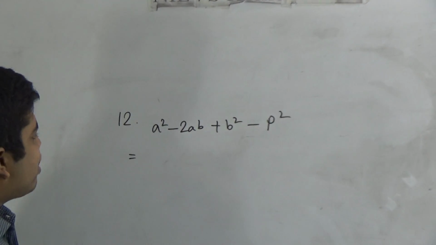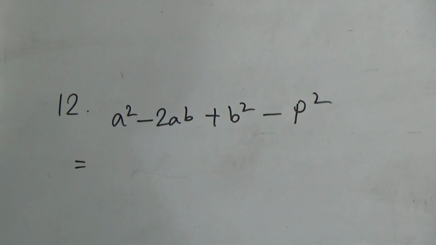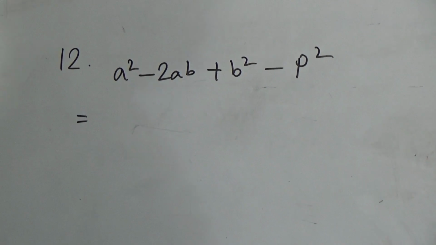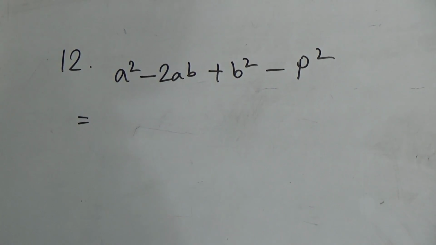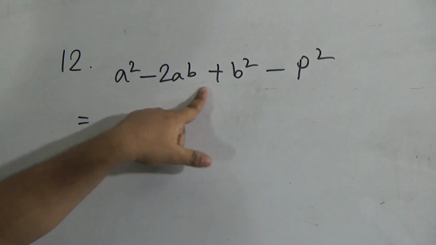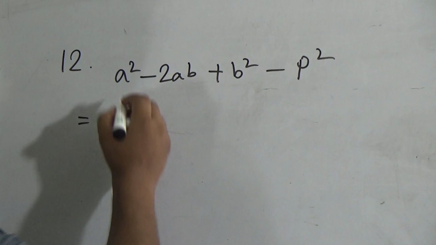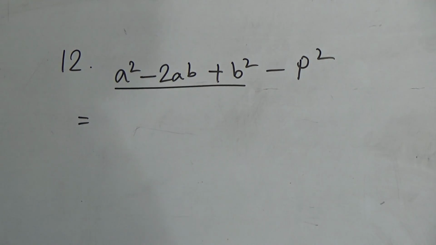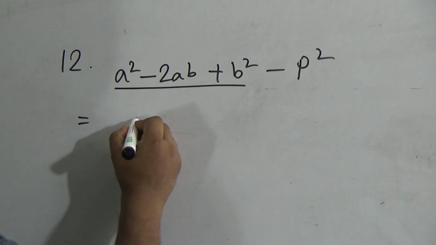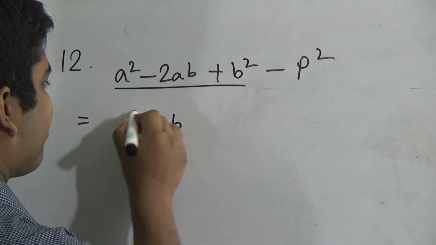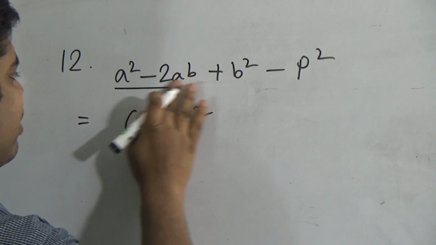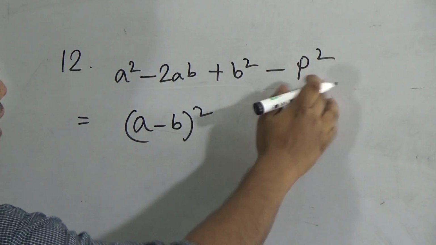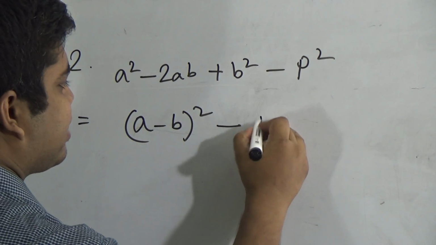What is the formula of (a minus b) whole square? (a minus b) whole square equals a square minus 2ab plus b square. So from these three terms we easily write (a minus b) whole square. Okay. Next, minus p square.